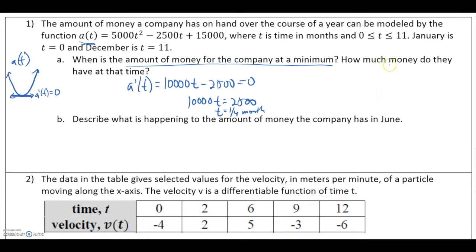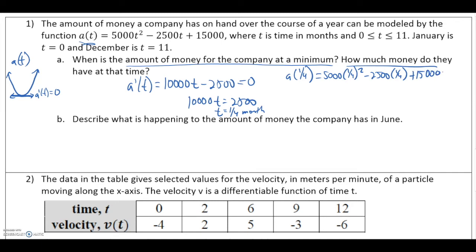And the other part of the question was, how much money do they have at that time? Well, the only thing that gives me the amount of money was A of t. So it's just asking me, at that minimum value for time, what is my actual amount of money? I want A of 1/4, which would be 5,000 times 1/4 squared minus 2,500 times 1/4 plus 15,000.